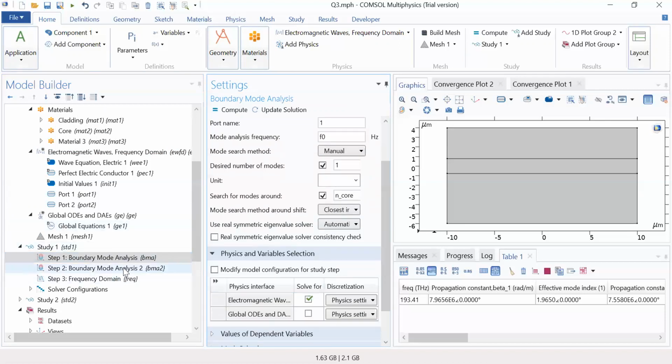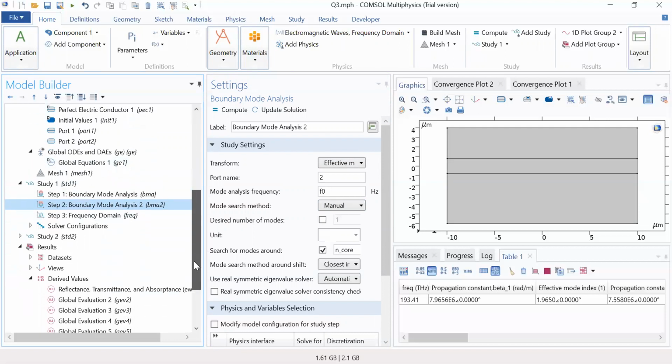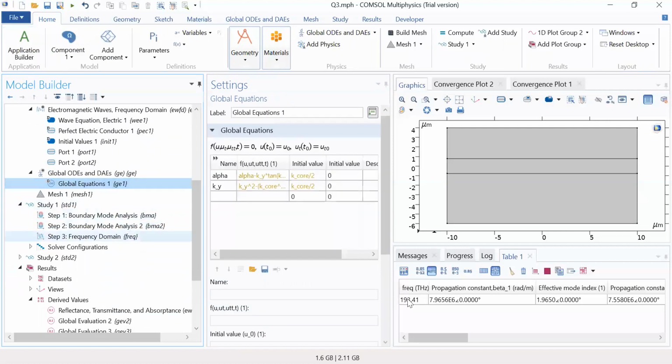As we are done with this boundary mode analysis too, similarly we just need to change the port name, and then we go for the global mode equation, in which the same transcendental equation is solved using the Newton-Raphson method, an iterative process which requires some initial value, which I defined as k0 n core divided by 2.